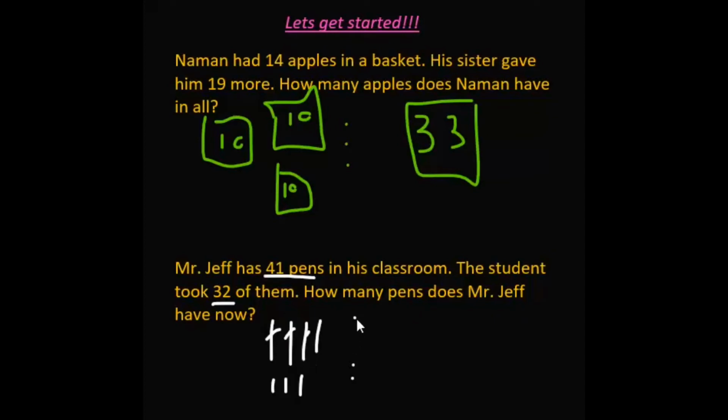And then now there's 2, but we only have 1 here. So we have to cross this out and make this 11. So 1 and 1, which is basically what we drew before. So I'm going to make that into ones. 1, 2, 3, 4, 5, 6, 7, 8, 9, 10, 11.